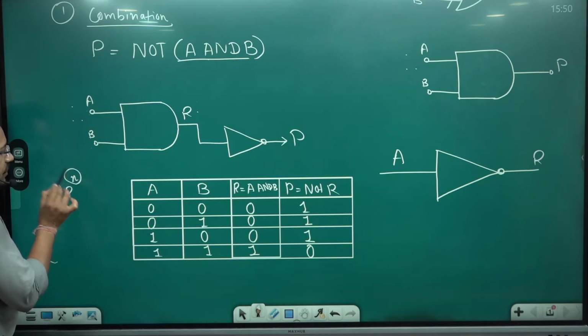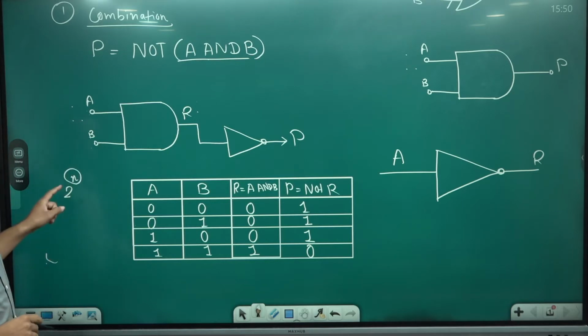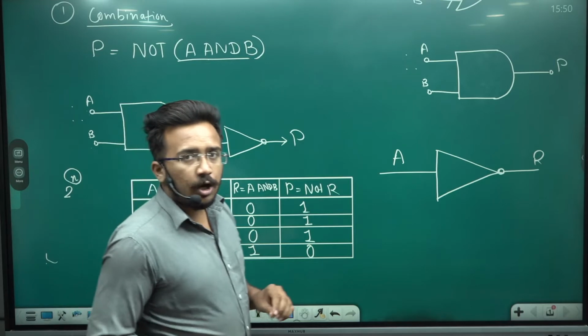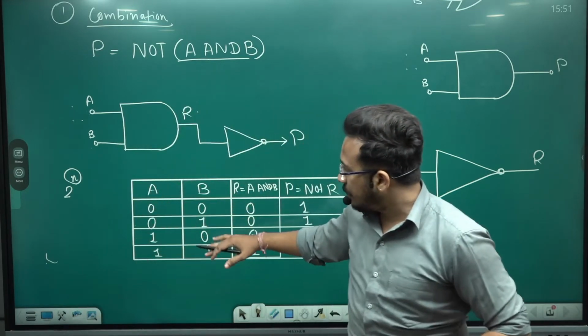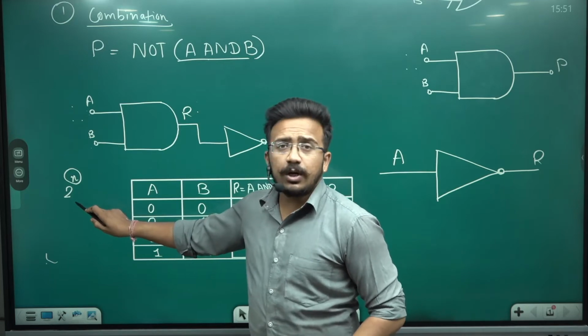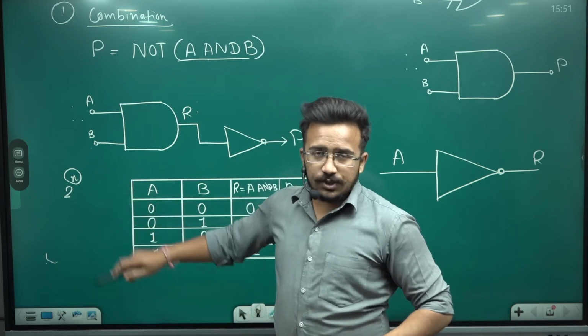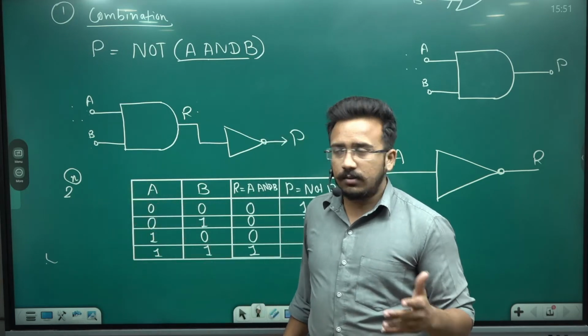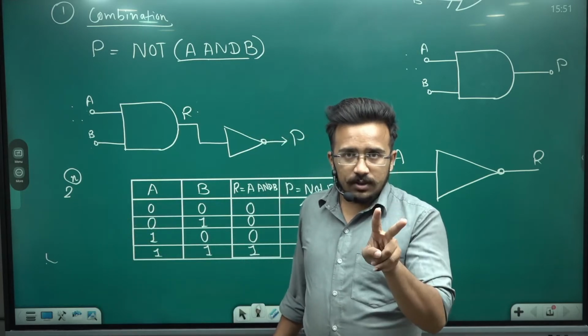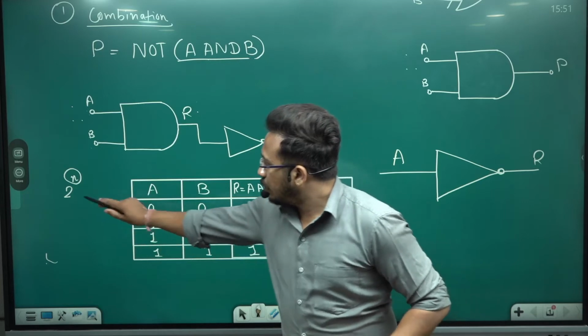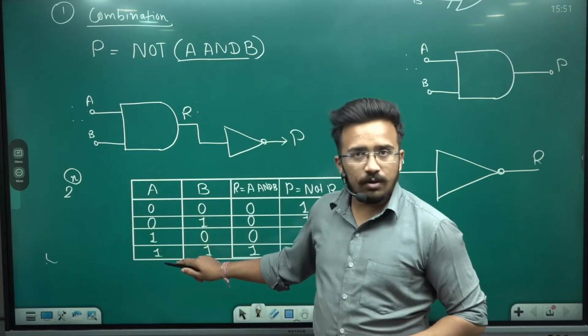Here n is the number of inputs. You can check how many rows you need to create for a table using this formula, 2 to the power n. As you know, 2 is a binary number, right? 2 stands for the binary base. So if you have 2 inputs, the number of rows is 2 to the power 2, which is 4.